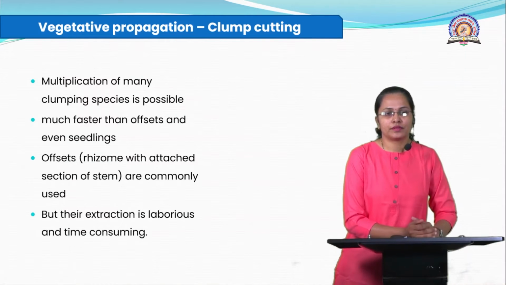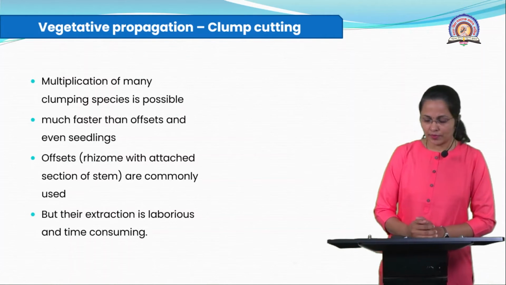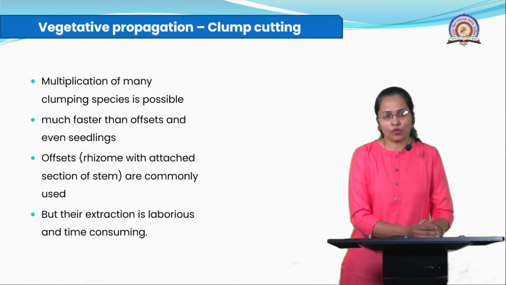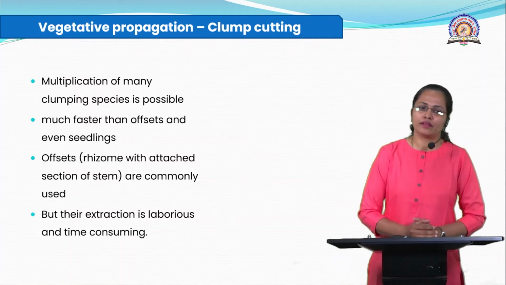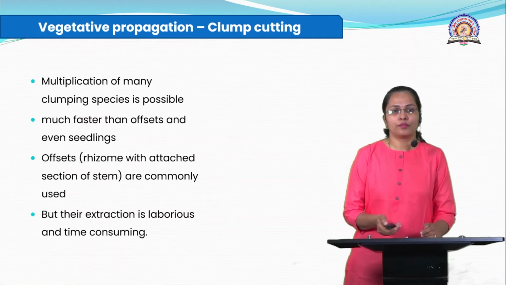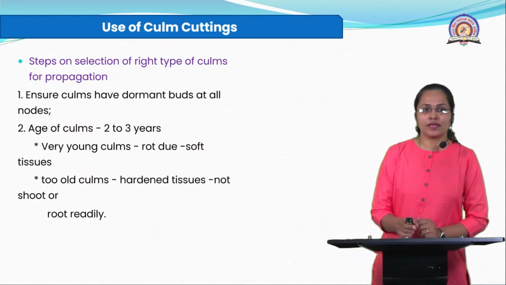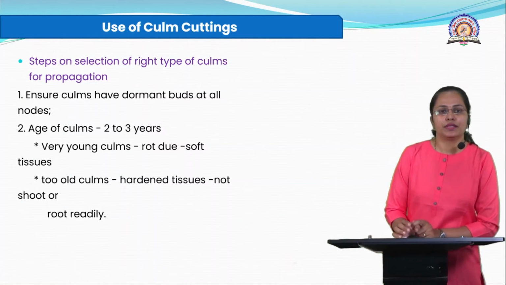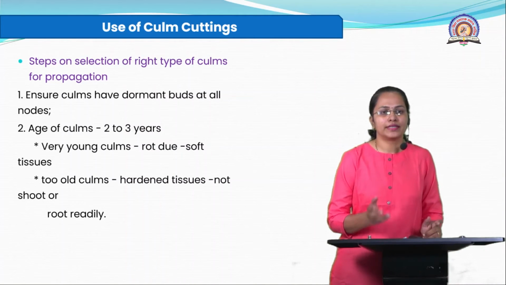But at the same time, extraction of the bamboo is a bit difficult in this method, but still it is a very popular method. Now we'll see what the steps in clump cutting are for the propagation of bamboo.